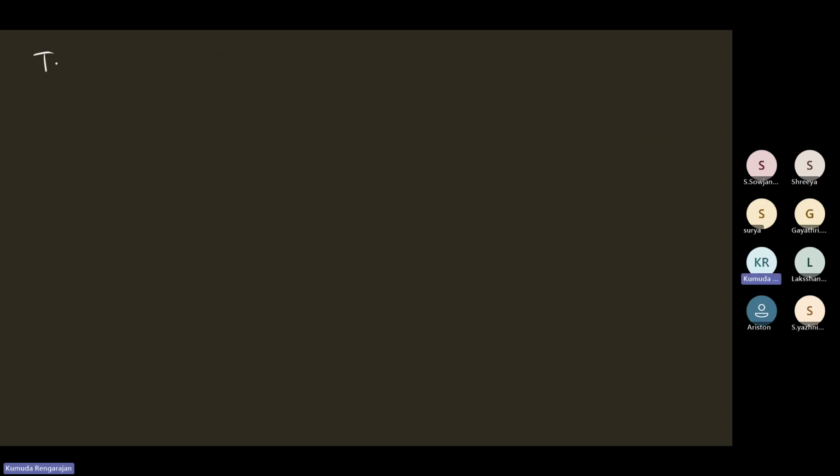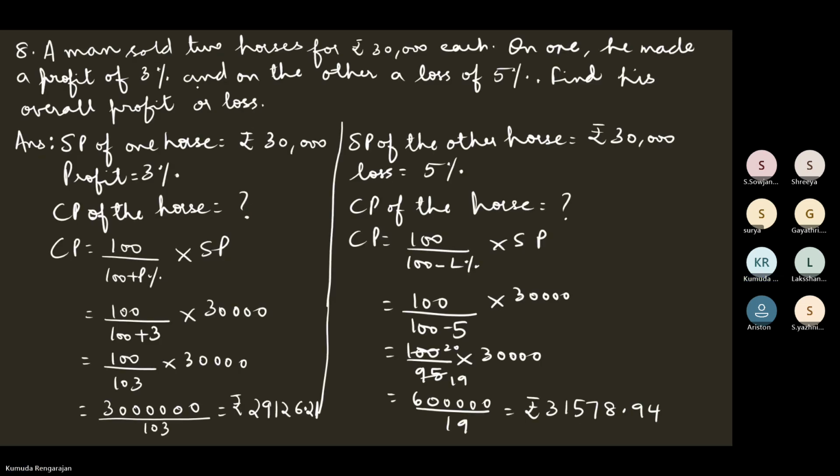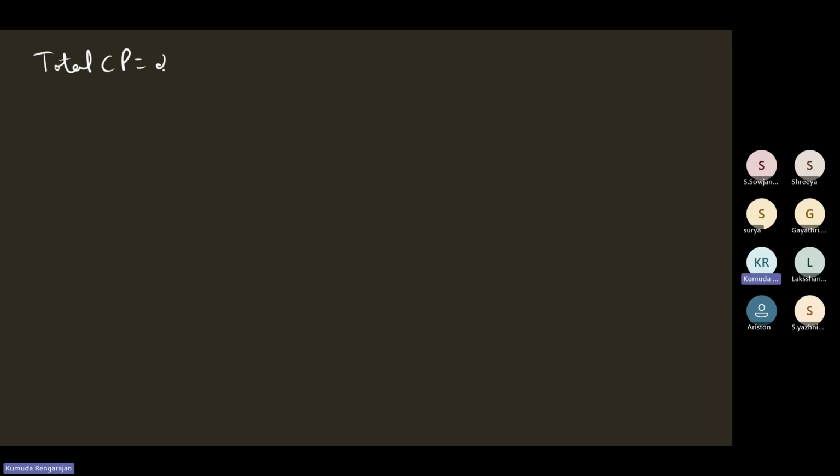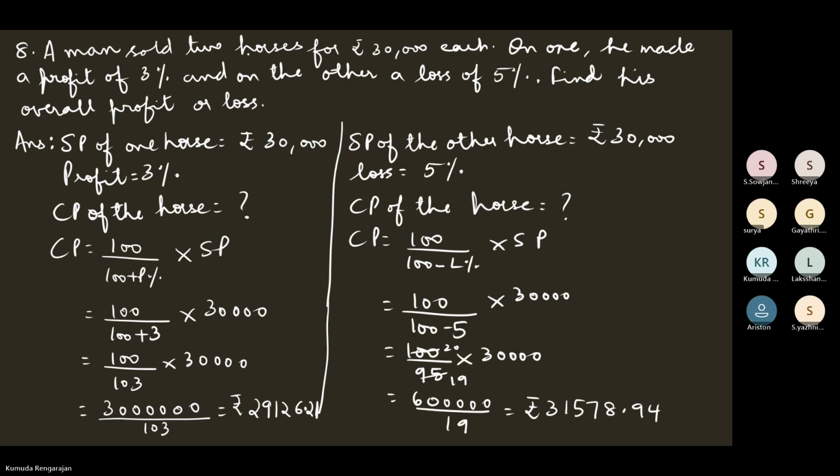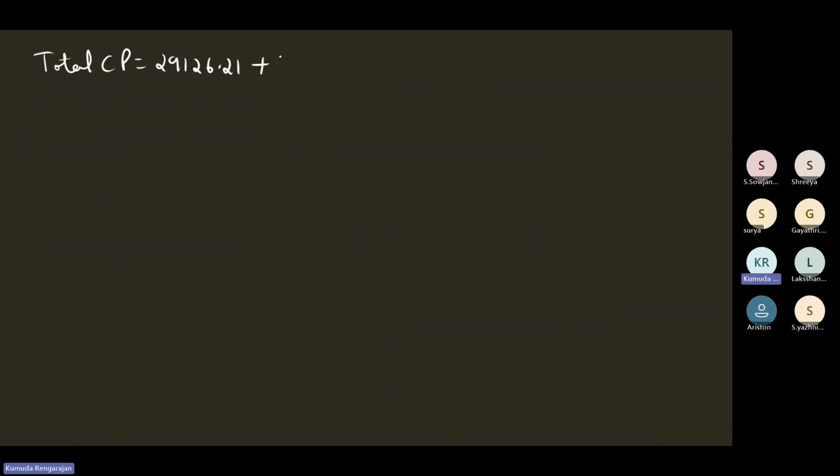Okay. So next step, total CP is equal to 29126.21 plus 31578.94.